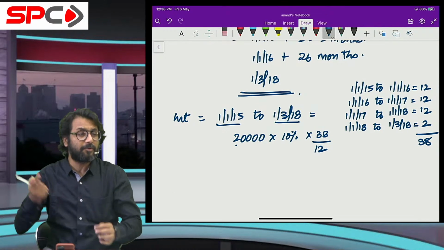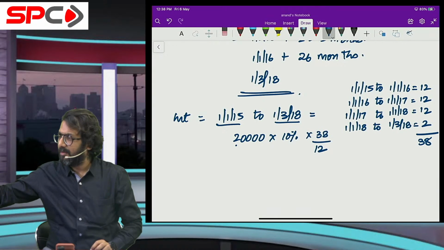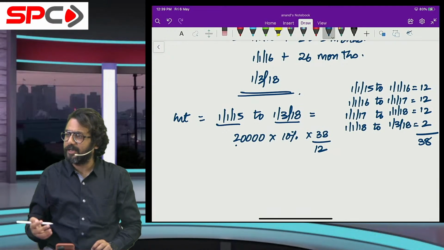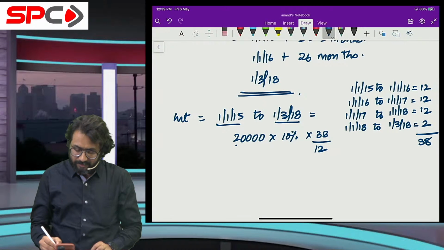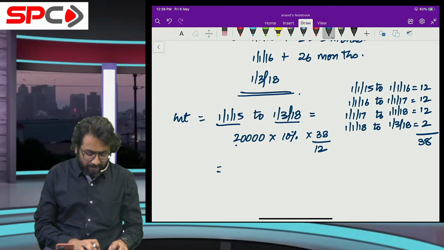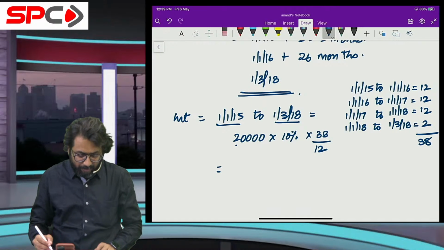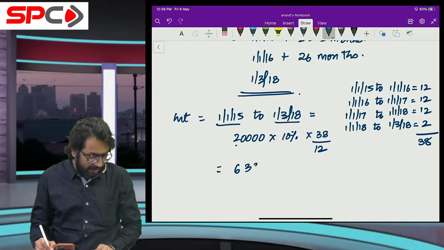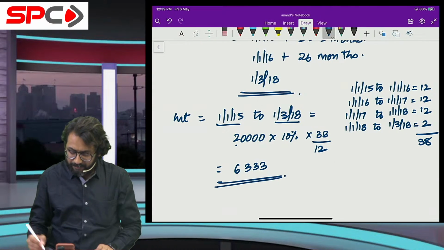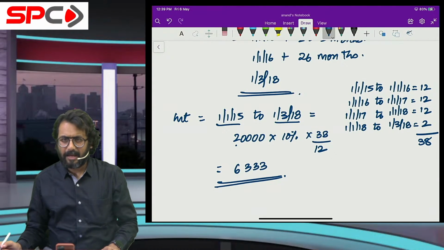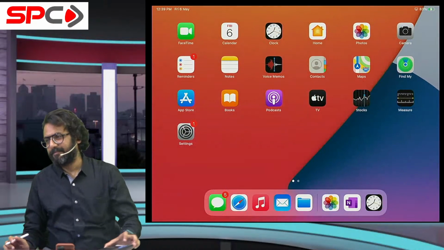Calculate interest for 6 months, you used to do 6 by 12. Now I'm saying I want interest for 38 months. What is the problem you are having? So my interest is 20,000 into 10% into 38 divided by 12. Can I have the amount? 6,333.33. Happy?